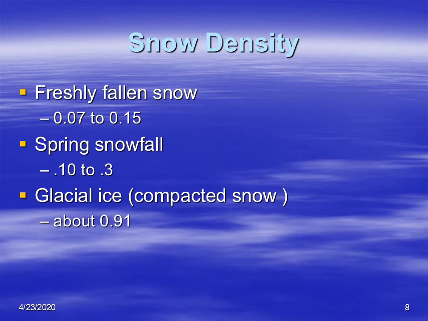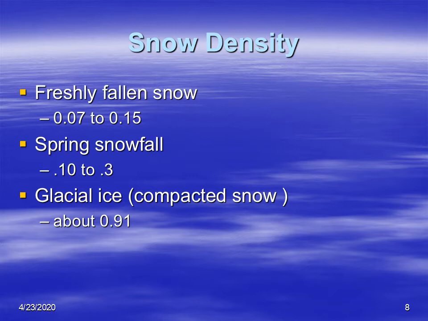Similarly, water expands when it freezes. So if you have 1 inch of water, when you freeze it, it'll be a little bit more. So ice has a lower density, and that's 0.91 for pure water ice or glacial ice.